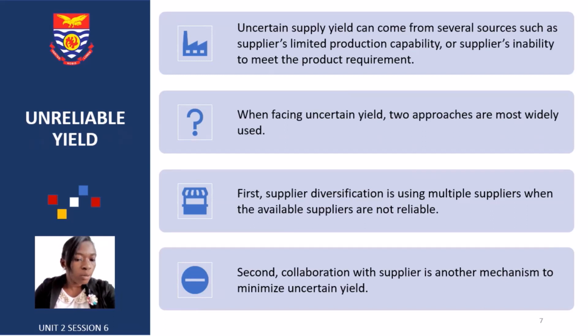Unreliable yields are also very key in there, because there's also uncertainty of your yield when it comes from several sources, especially when we're looking at suppliers' limited productivity capacity or suppliers' inability to meet project requirements.